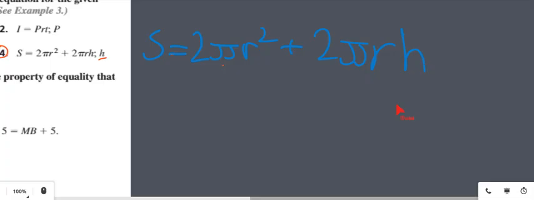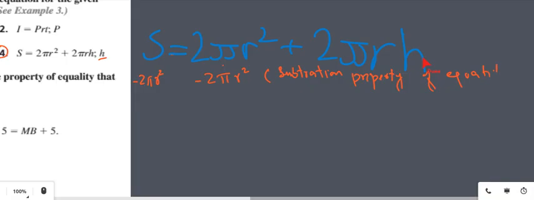So in the first step, I am subtracting 2 pi r squared from both sides by using the subtraction property of equality.